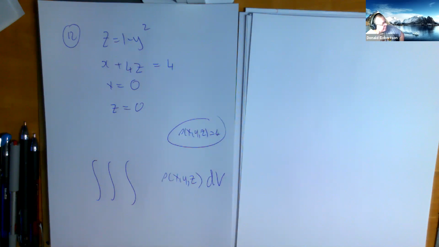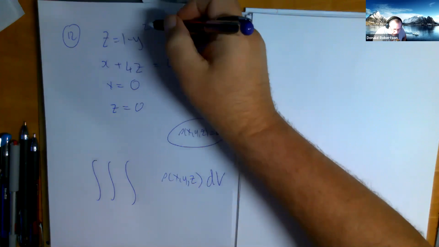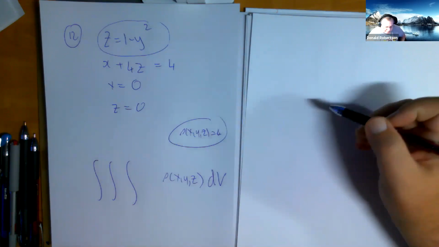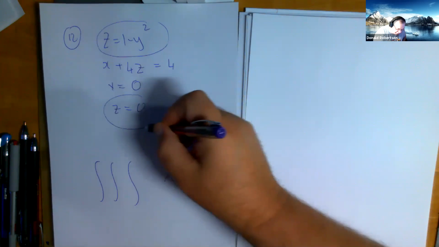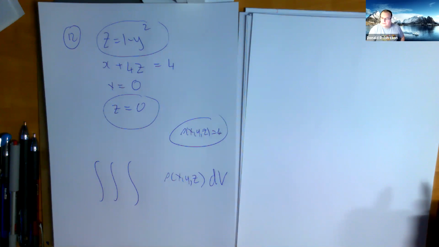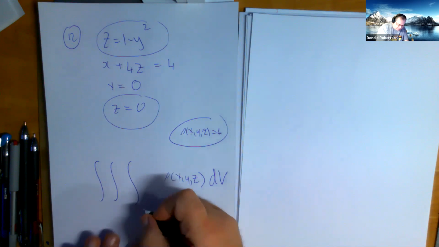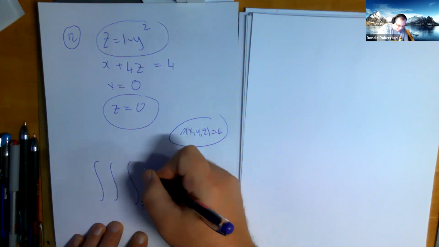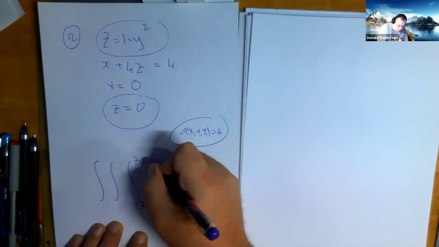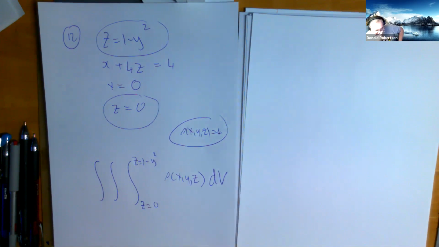How are we going to break this shape up? Well, let's look at this guy. Doesn't have a matching guy there. So I'm not even going to try and think of what that looks like in 3D, but would z equals 0 to z equals 1 minus y squared? Does that look okay? Are we good with that one?